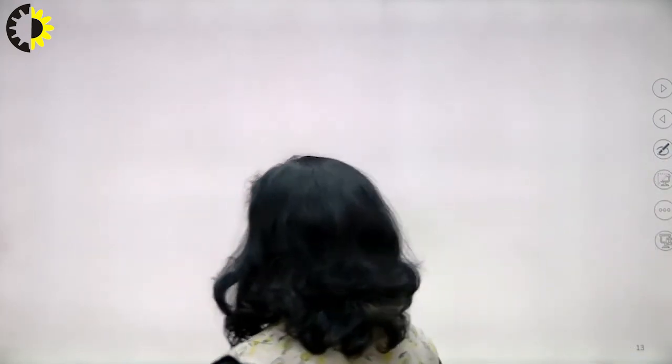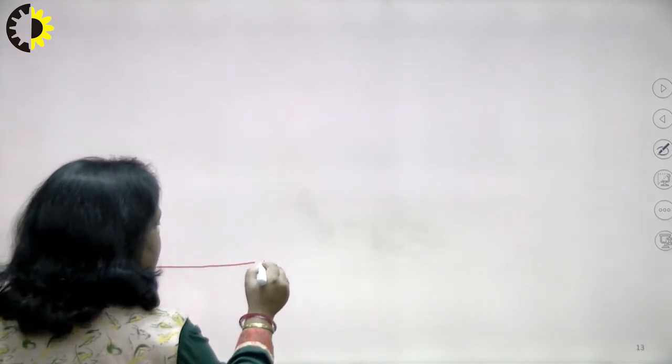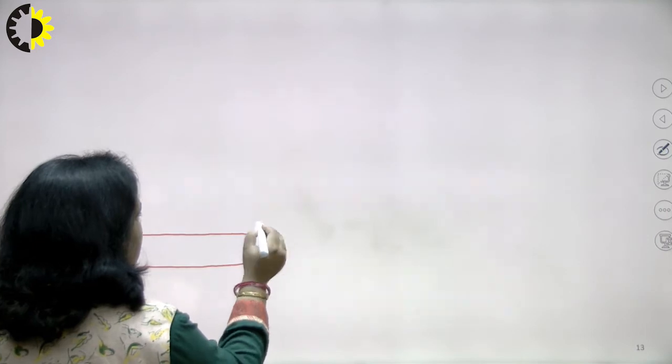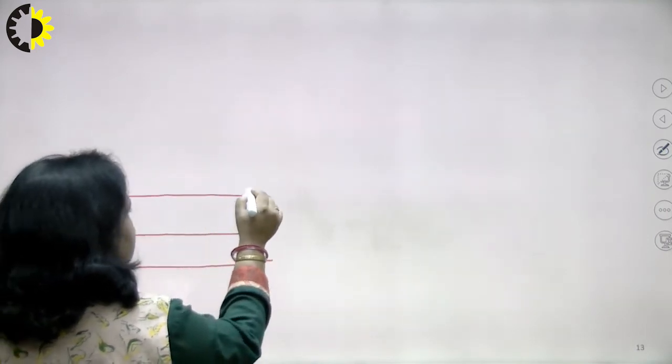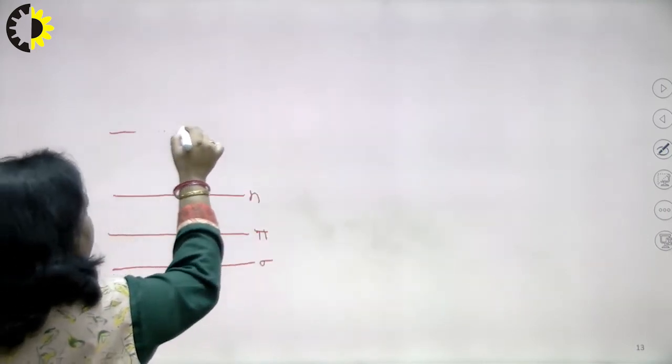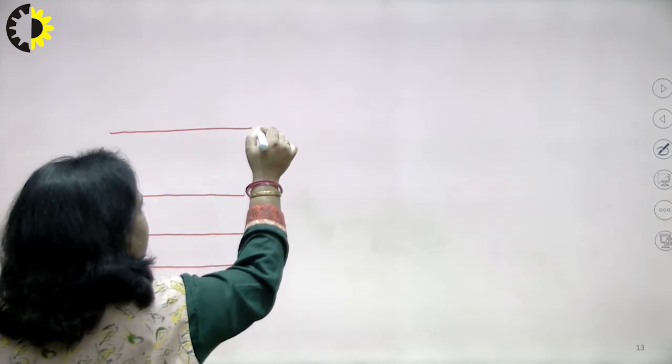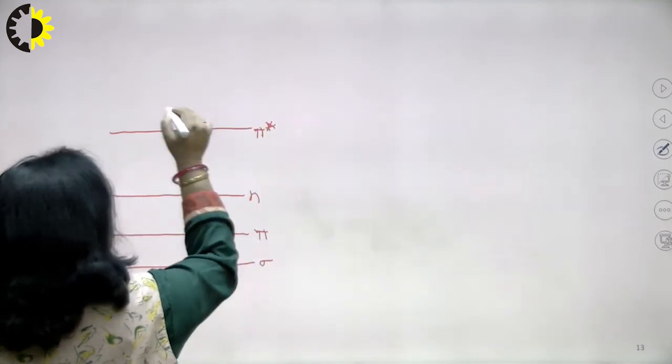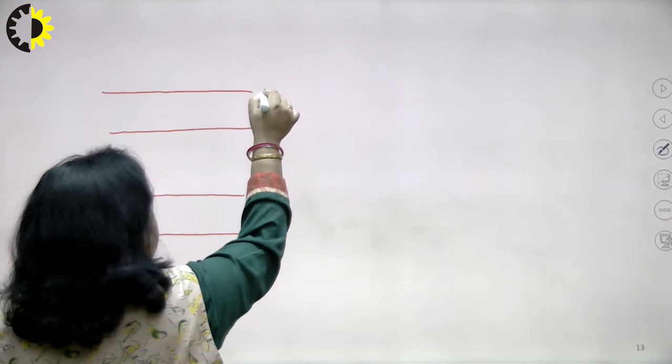So, if we summarize all types of transitions, let this be sigma, pi, and this is non-bonding, and higher energy antibonding like this.